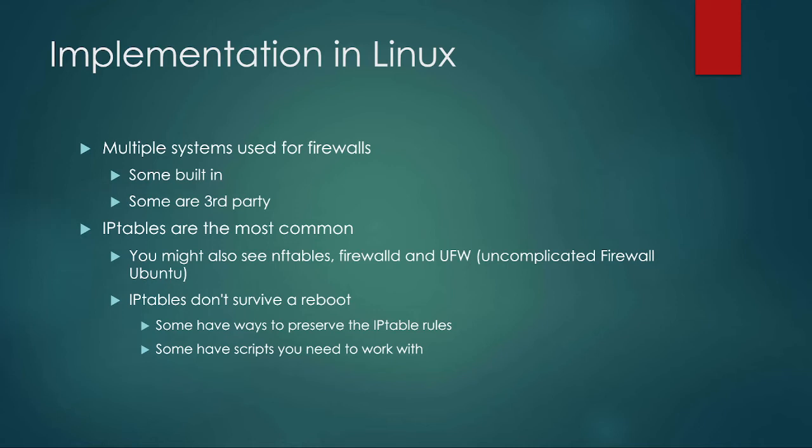However, very commonly you might see nftables, firewalld, and UFW, the uncomplicated firewall from Ubuntu. Those are usually some kind of wrapper. Sometimes they'll be scripts, sometimes applications, sometimes GUIs.